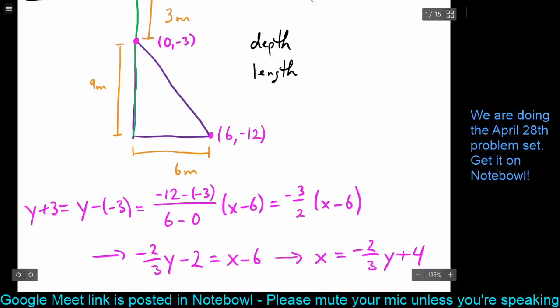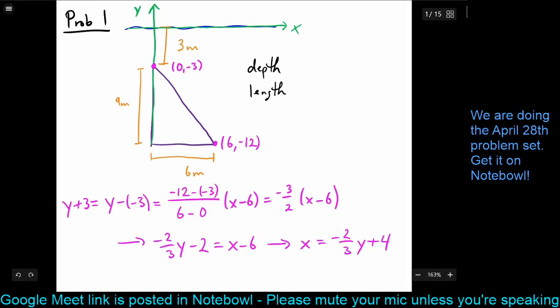Is that right? That looks good. Great. Yep, excellent. Let's see, the y-intercept should be 3. Good. I think I did that right. Okay.